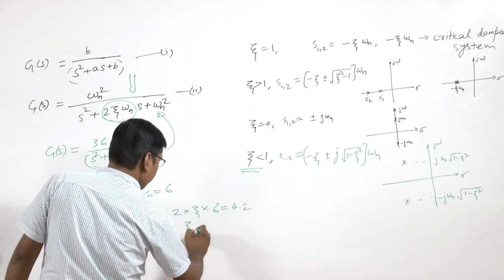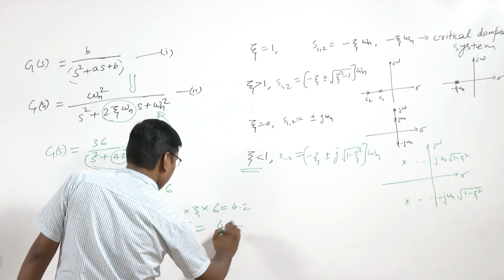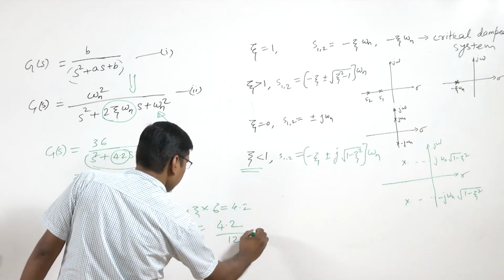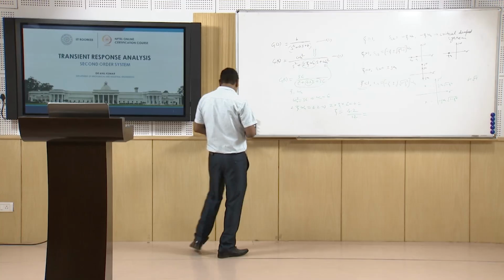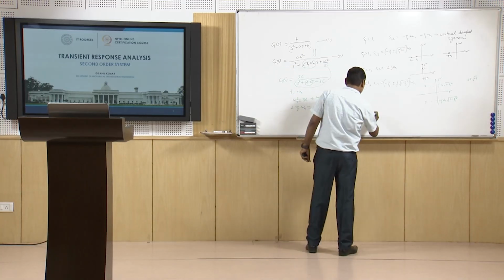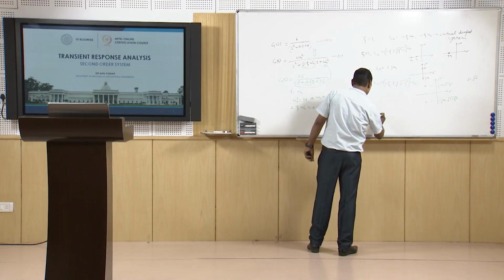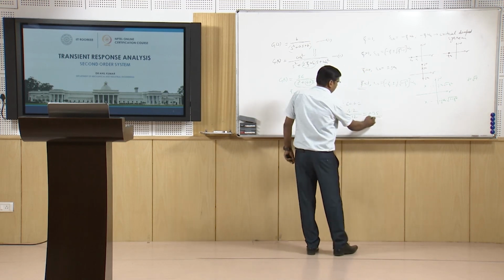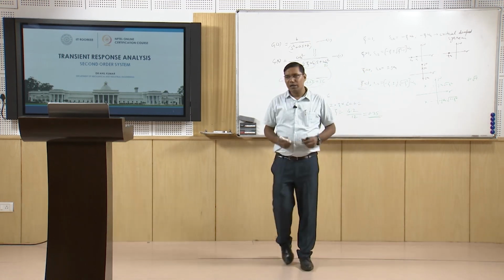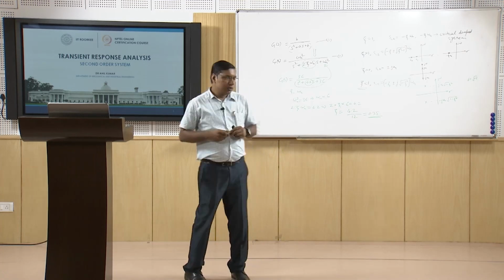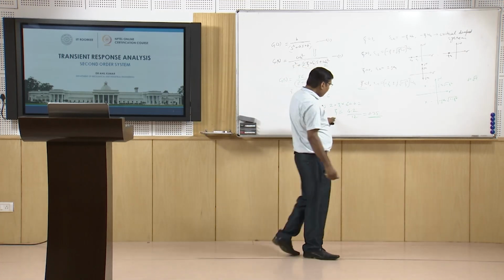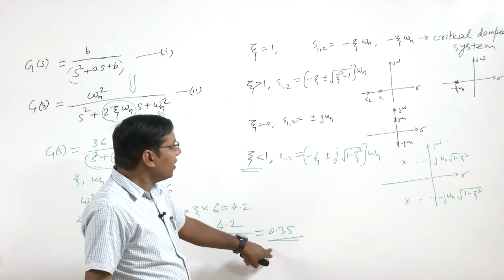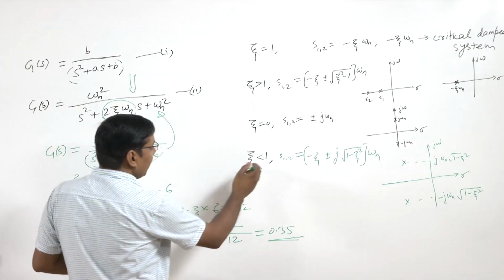So zeta we can get as 4.2 upon 12, and so we get 0.35. So damping is 0.35 and therefore zeta is less than 1.